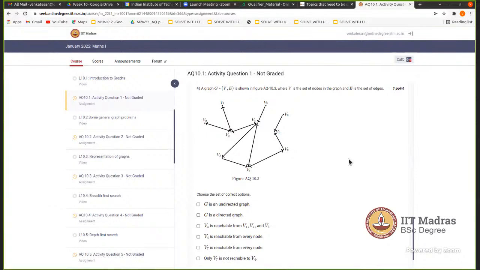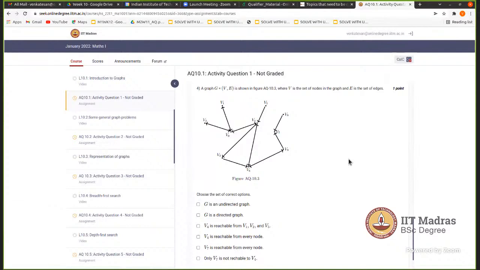This is regarding reachability. Is vertex V4 reachable from vertex V1? From vertex V2, am I reachable to V7 or not? We will see this in reachability, and I will take up this question there.